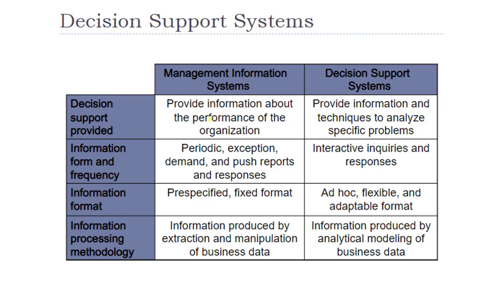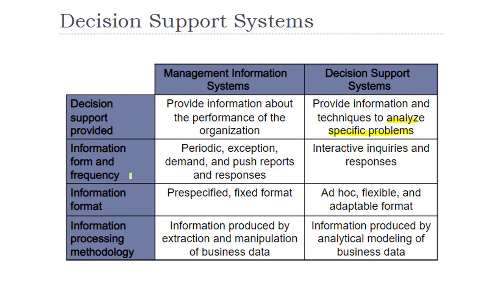So what's the difference between DSS and MIS in terms of decision? MIS will provide information about the performance of the organization, while the DSS will provide information and techniques, take note, to analyze specific problems.